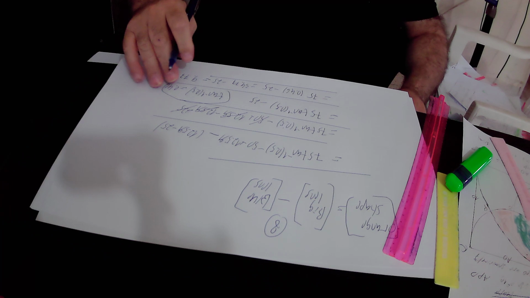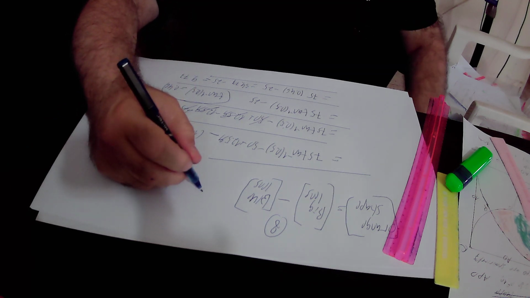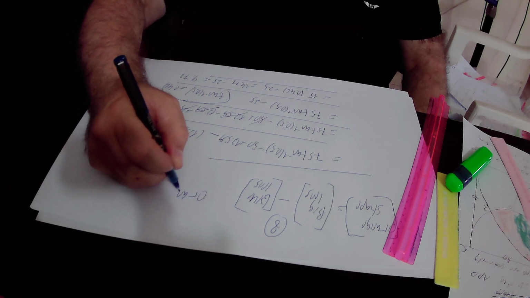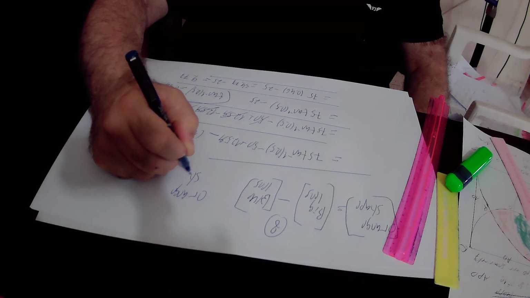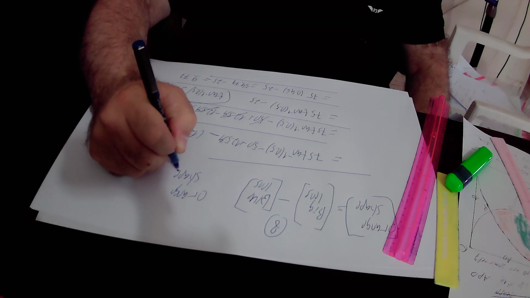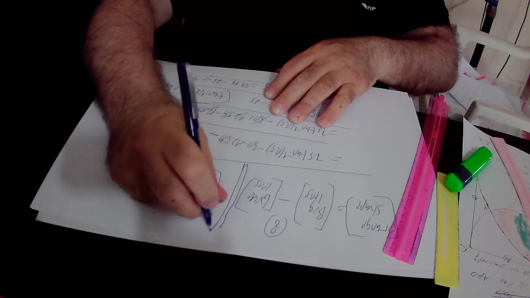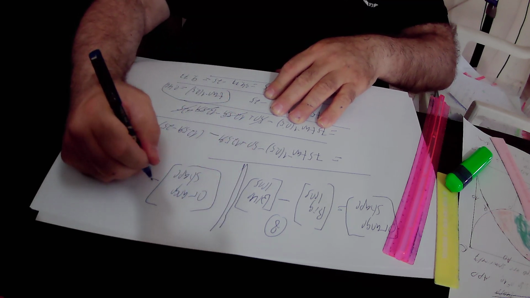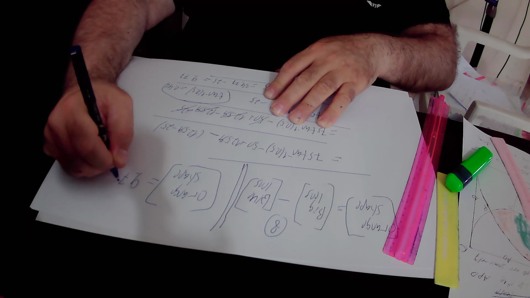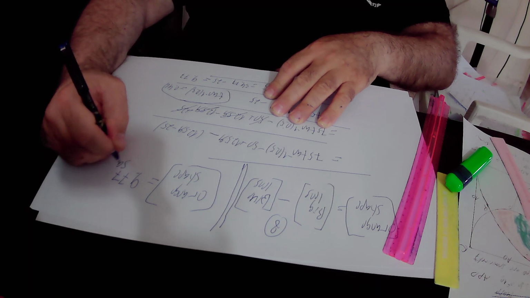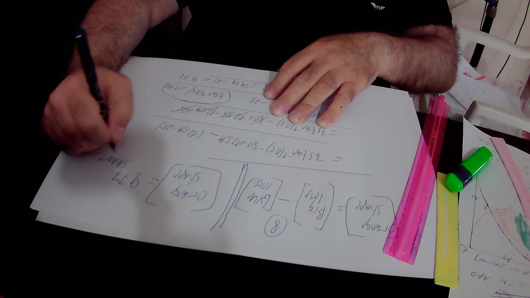So we found out that the area of the orange shape equals 9.77 square units.